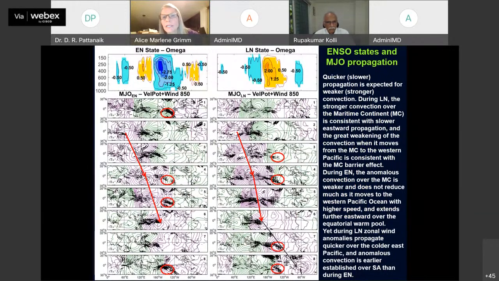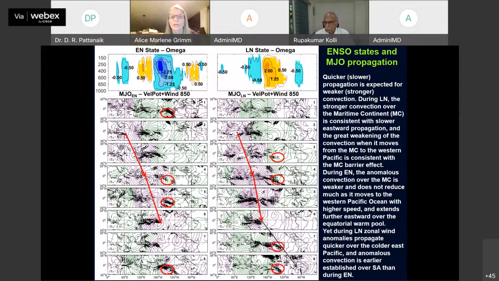Well, how do ENSO states affect the MJO propagation? Here we can see, and we know from previous work, that quicker or slower propagation is expected for weaker or stronger convection.